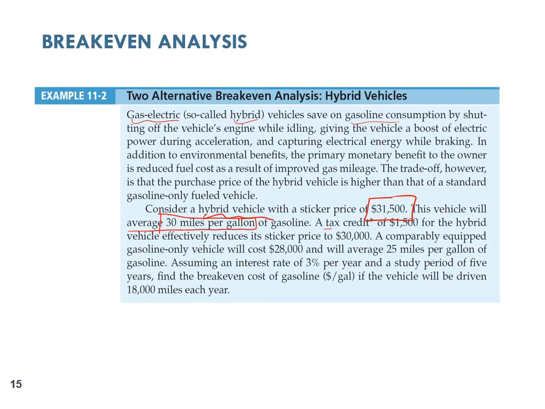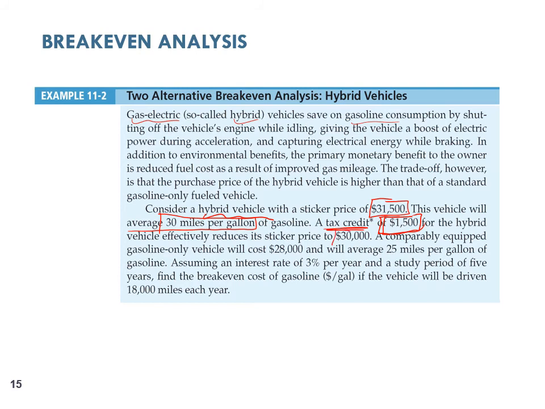It says that there is a tax credit of $1,500. What does this tax credit mean? Again, the government pays you this amount back when you buy this car, because you are saving from gasoline. The government subsidizes it, and actually you are paying 31,500 minus 1,500.